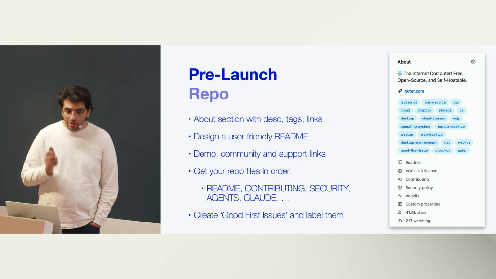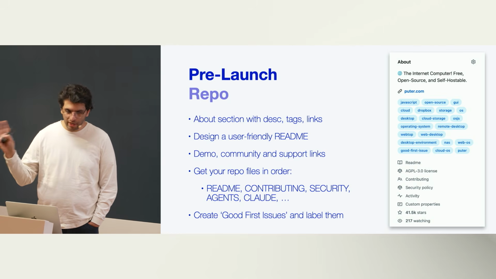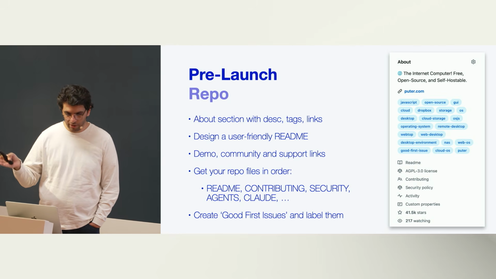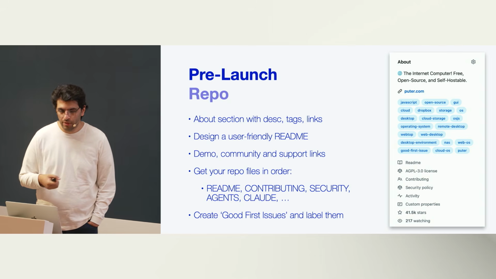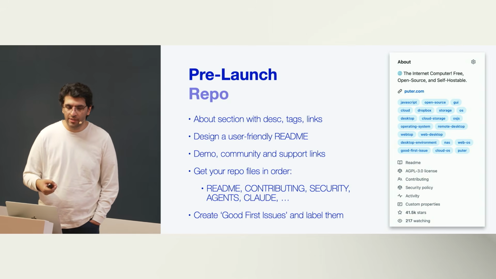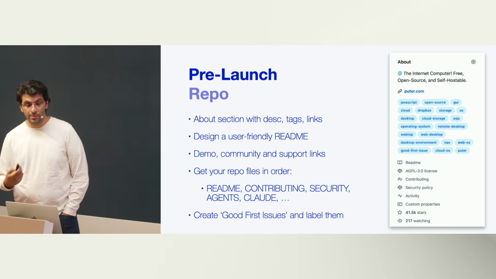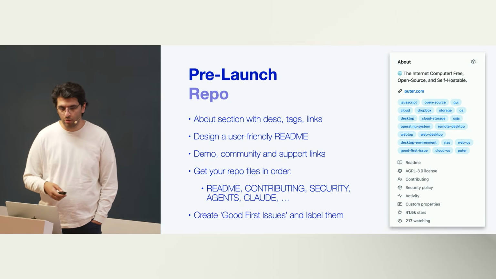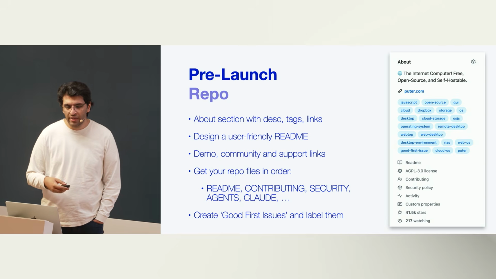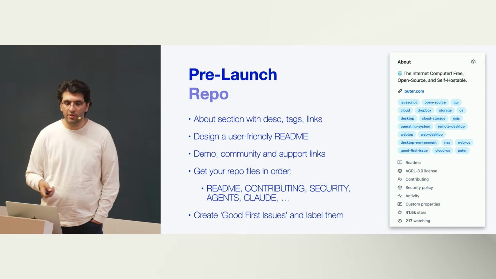You need a number of repo files. The README is the most important one, I would say. License, which is an obvious one I already talked about. You want to have your contributing file, setting out the contributing guidelines. What do you expect from the community? What are the guidelines they need to follow? That sort of thing. Again, I would err on the side of simplicity rather than having a lot of rules.